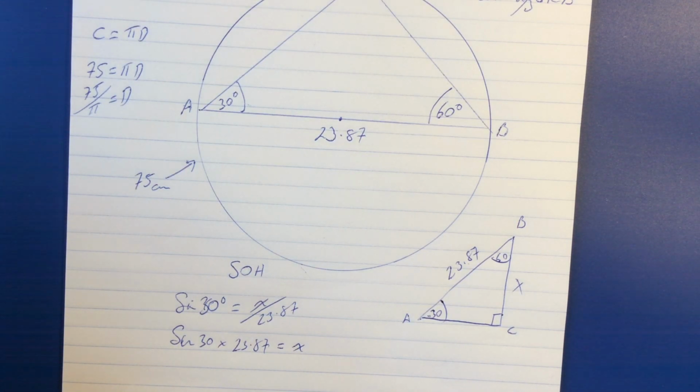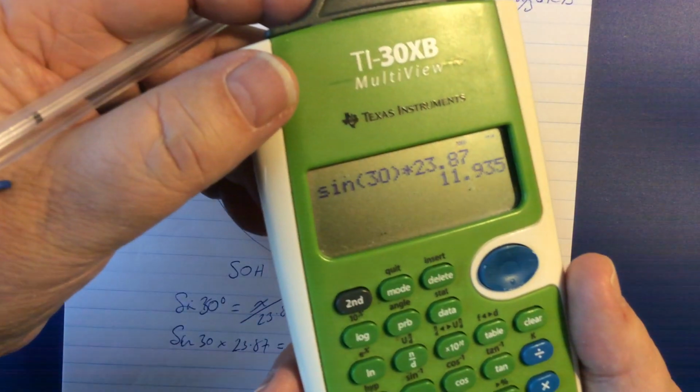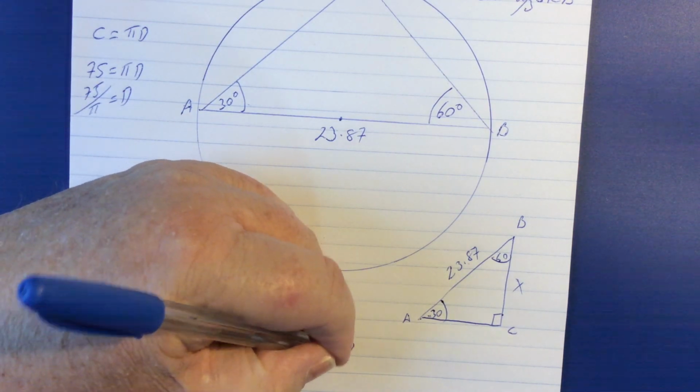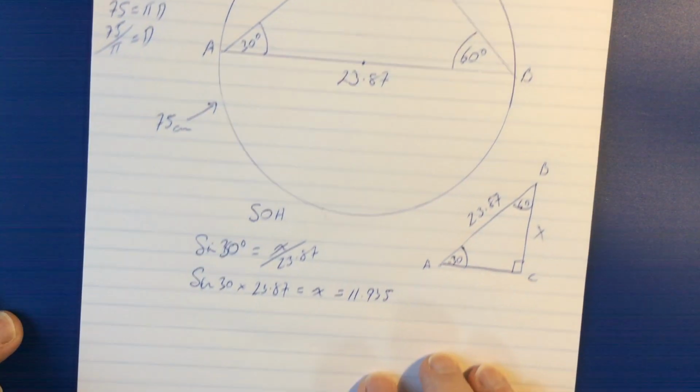Right, sine 30 times 23.87 is equal to 11.935. Okay, that's not a bad decimal to work with.